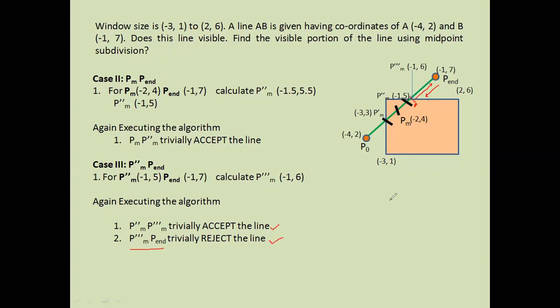So we are left with this, that is PM. This is the final result, that is (-1, 6), after executing the subdivision midpoint line clipping algorithm, and P M dash, that is (-3, 3).